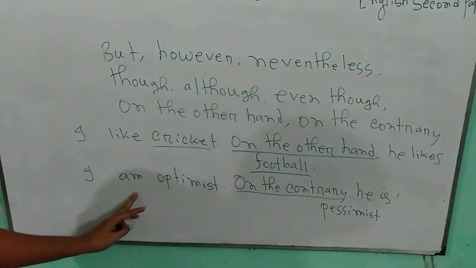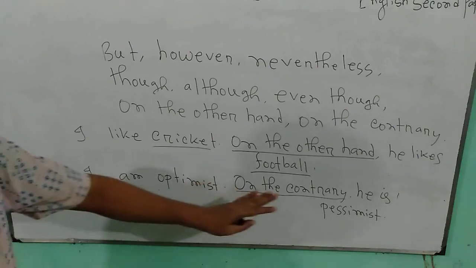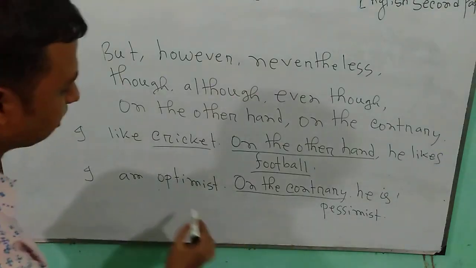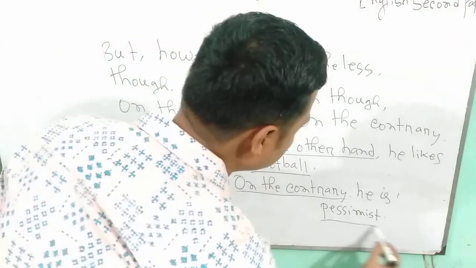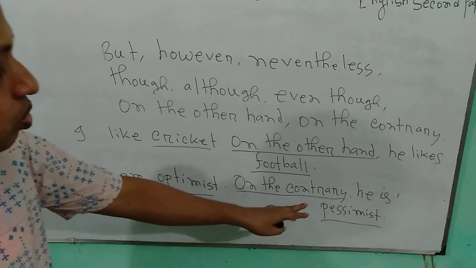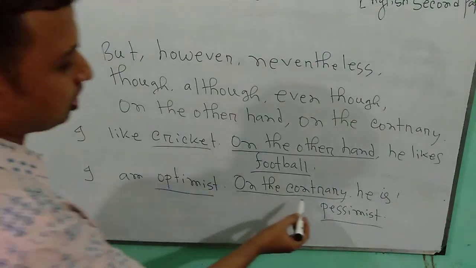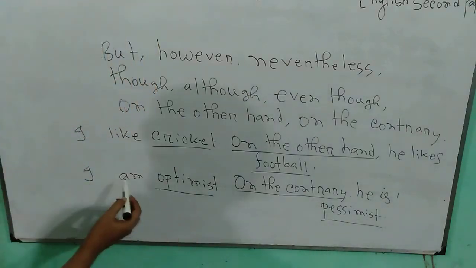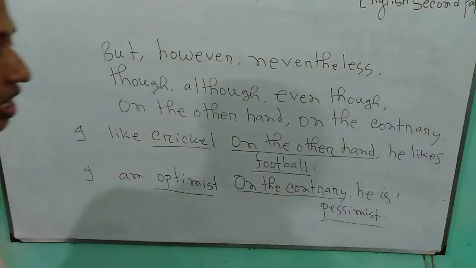I am optimist expresses one idea, he is pessimist expresses another idea, opposite idea. Optimist is opposite to pessimist. The idea of this sentence is opposite to the idea of the second sentence. So, on the contrary has been used to show the relationship between the previous sentence and the subsequent sentence.